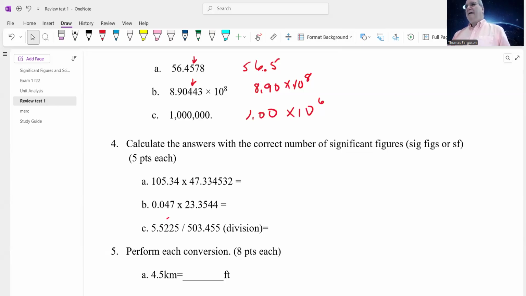Is that your question? Yeah, so yes. So basically, we put the 8.90, but we have to include the rest of the answer that's already there. Yeah, because the sig figs don't go into effect on the exponents. Okay.